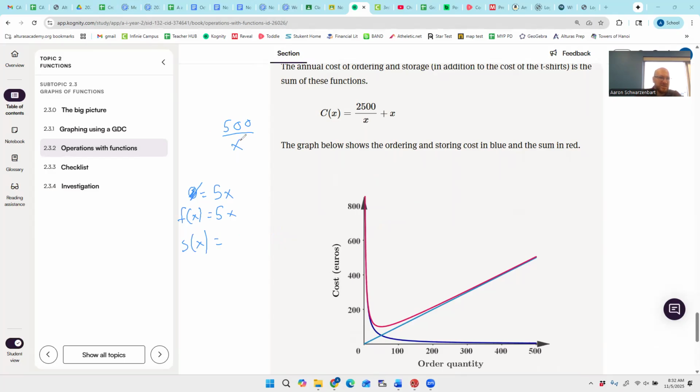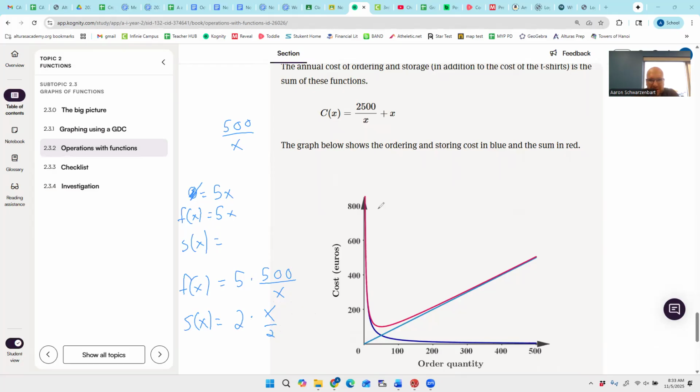So here, if X is the number of t-shirts in an order, f of X is 5 times 500 over X. If the storage, so we're just combining cost of supplies with cost of storage. And your cost of storage, you're assuming that we're only storing one order, essentially half of them for the time between orders.